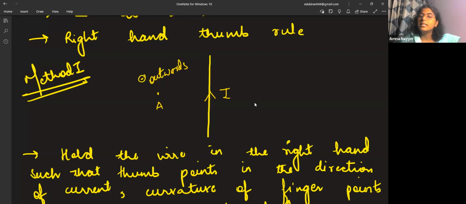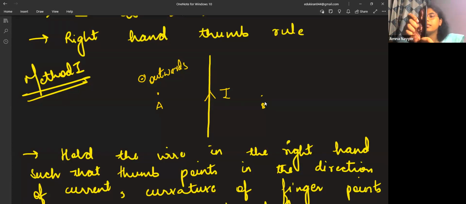That is outwards. Now take a point B. I am repeating: suppose current is moving upwards, and point B is located on the right hand side of it. I keep my thumb in the direction of the current.